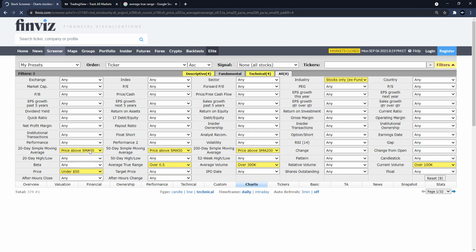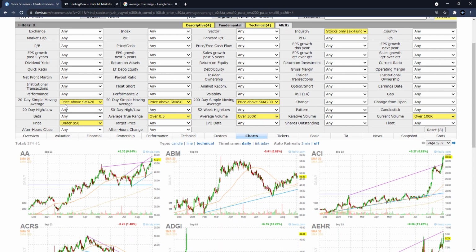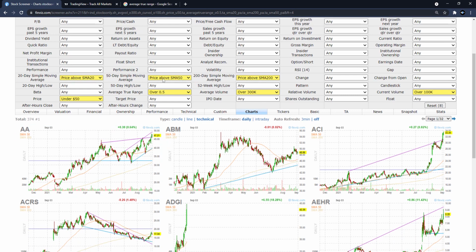So a very bullish sentiment over the last 20 days, 50 days, and 200 days. As you see, we are left with 374 stocks. With these three simple moving averages, this could indicate that the price really wants to break through the structure and continue to push to the upside.